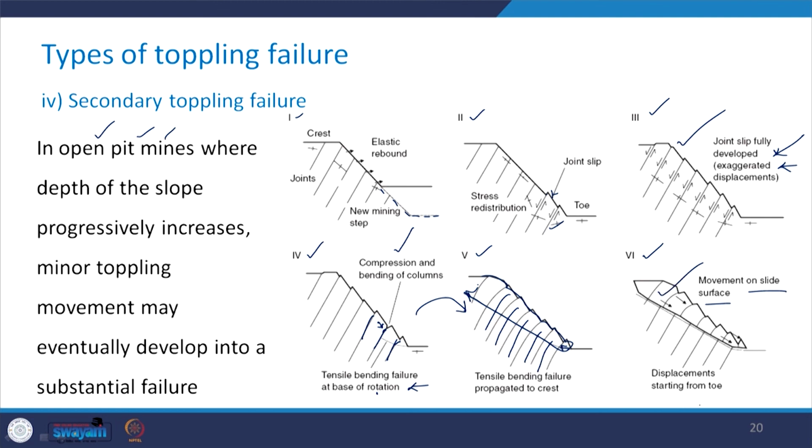So, there are displacements which start from the toe. This is the toe, and the displacement starting from here triggers the movement on this slide surface. So, you see that it was a very small event in this case, but it led to the sliding of this whole mass along this particular surface.